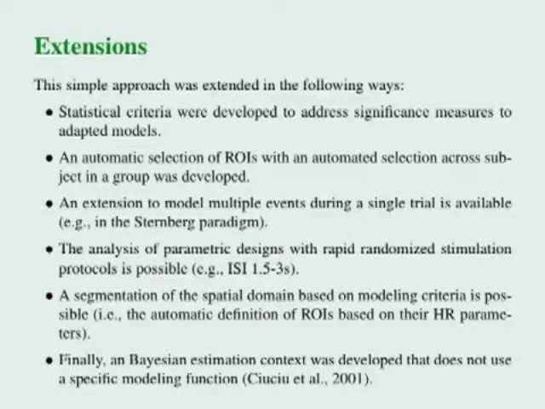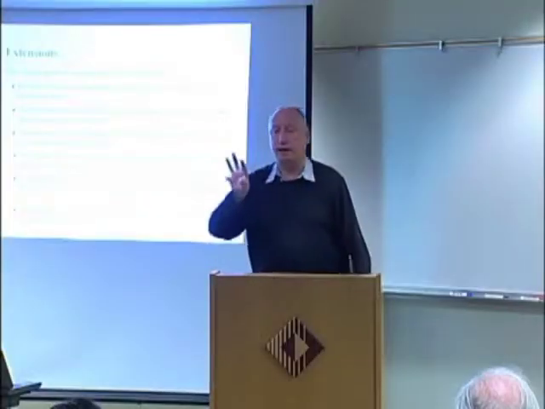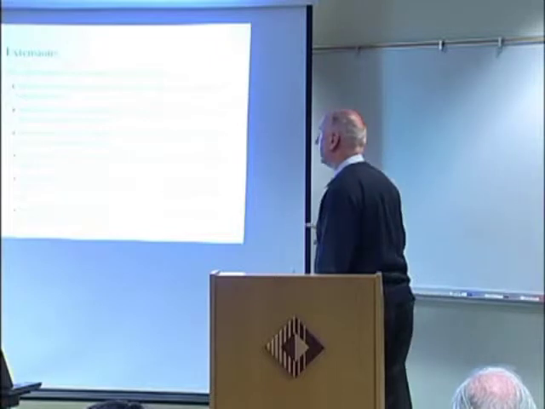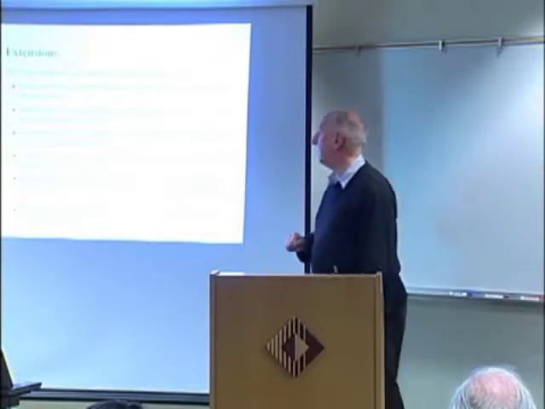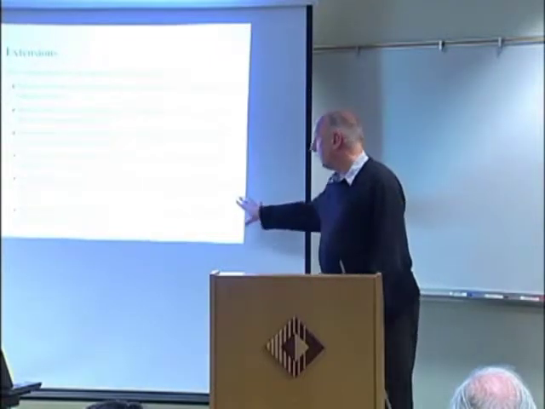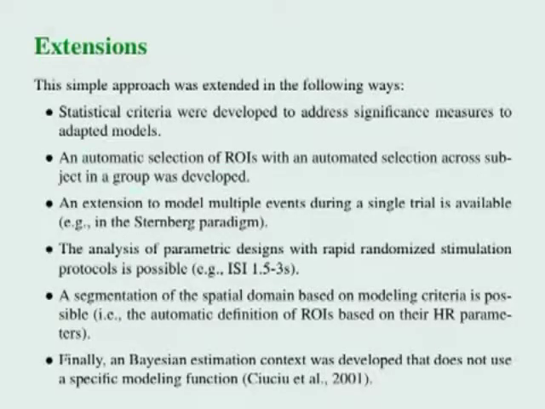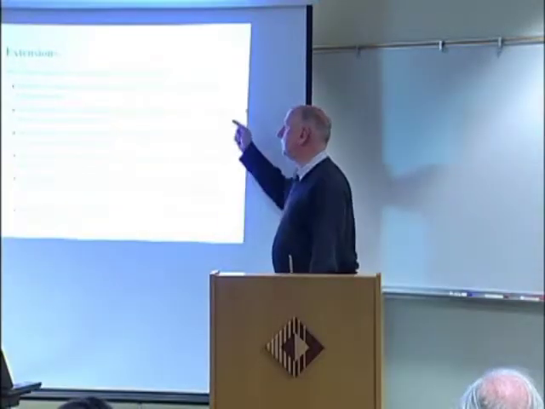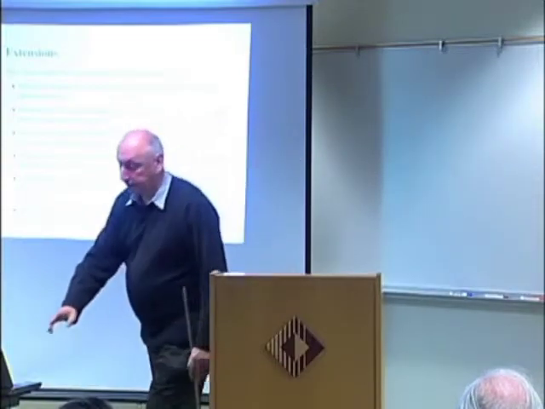So you can compute the parameter map voxel-wise and then aggregate voxels based on whatever criterion you have to segment those maps and generate those ROIs automatically. And finally, other people have transferred all of this into the Bayesian domain without the need of defining a specific hemodynamic model in the end. So this turns out automatically from the analysis. Suffice to say that what we're interested in are the modeling parameters over here.